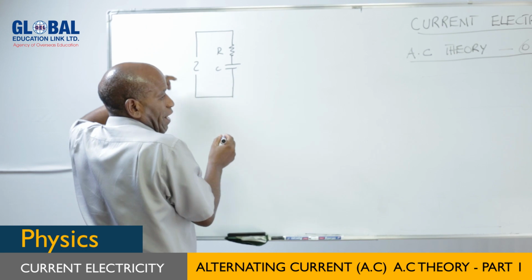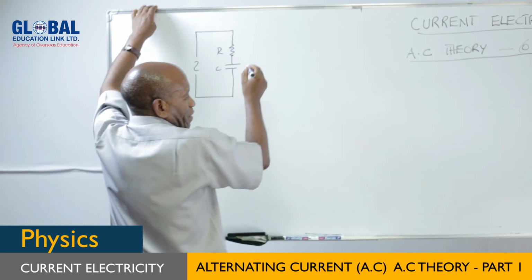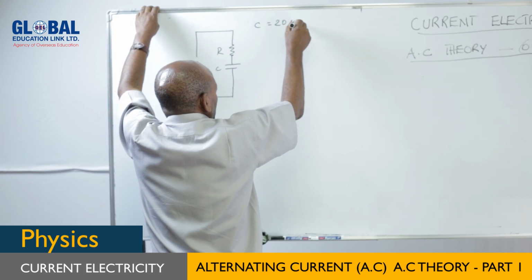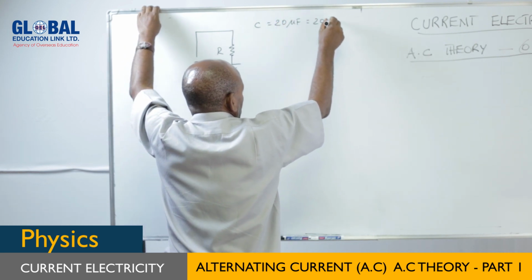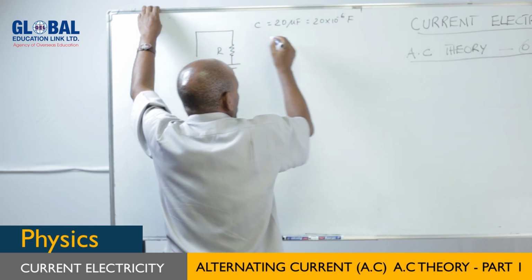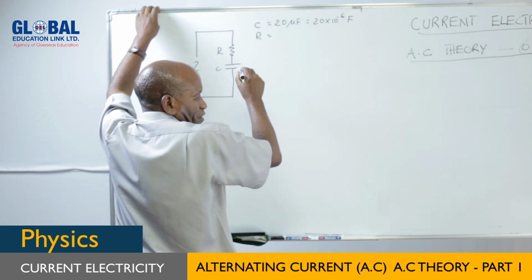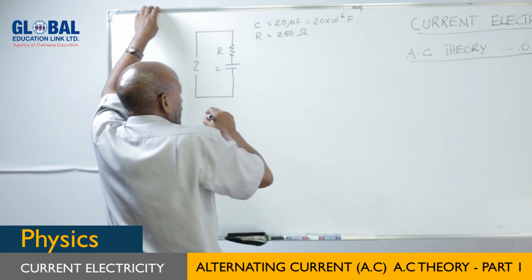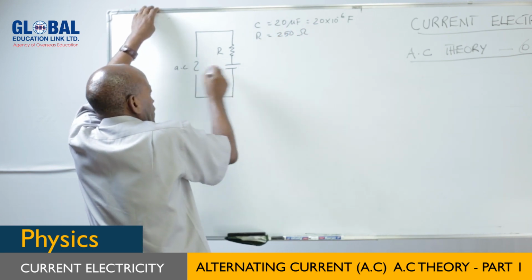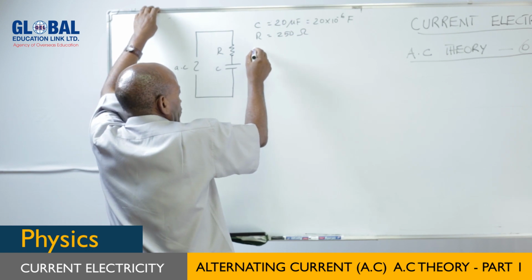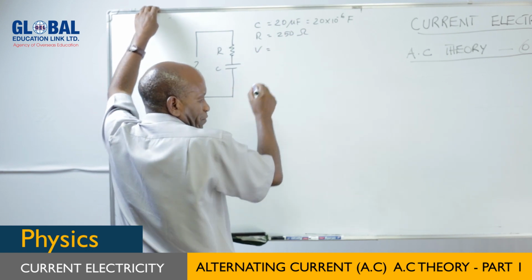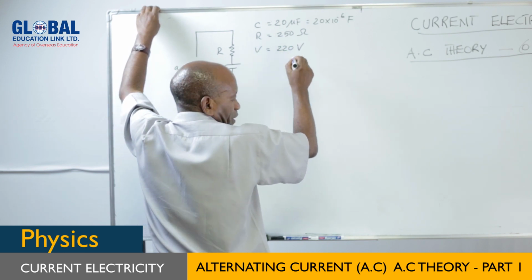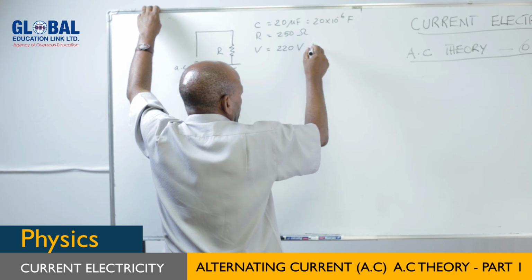We are given that the capacitor is 20 microfarad, that is 20 times 10 power minus 6 farad, and the resistor is 250 ohms. And our AC supply voltage is 220 volts and 50 hertz.